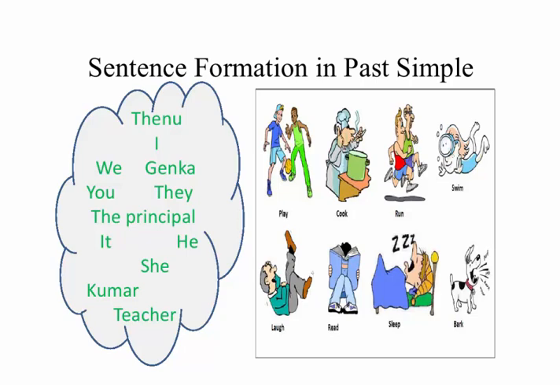Now try to make sentences in the past. For example, I cooked my breakfast. I cooked my lunch. Likewise, you try to make a sentence. So you can see some subjects here.